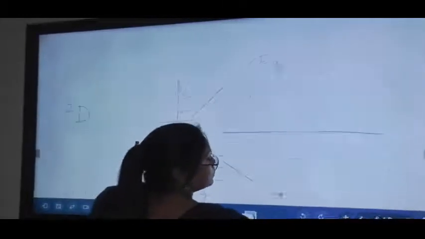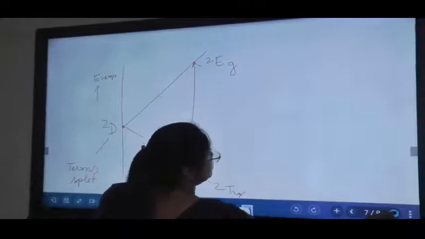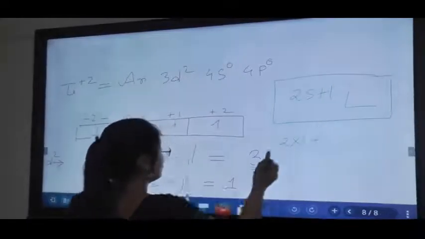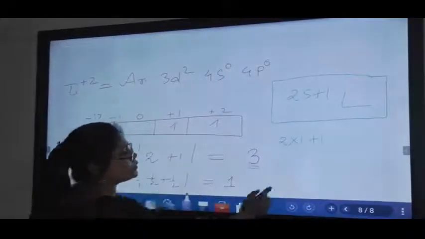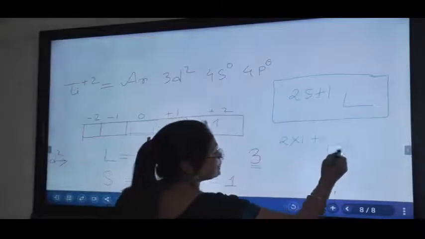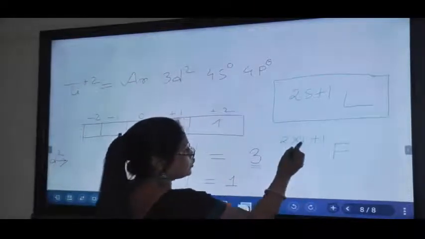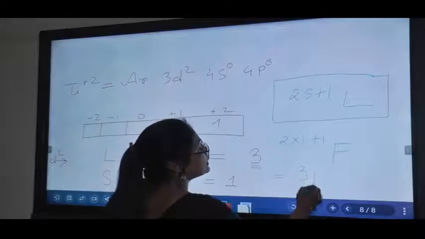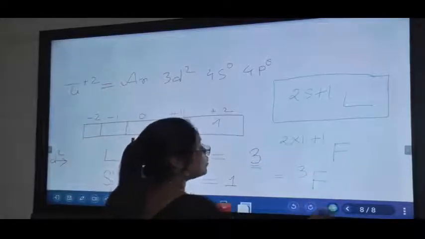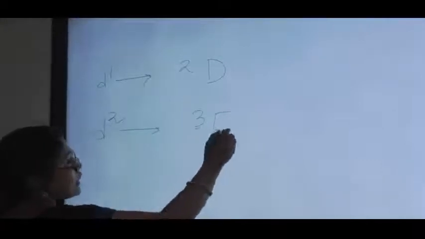So, for this particular configuration, we will be having L equal to 3, so this will be an F term, and immediately 2 plus 1, this will be 3F. So, we see that when our configuration was D1, we had the term 2D. When our electronic configuration is D2, we have the term 3F.